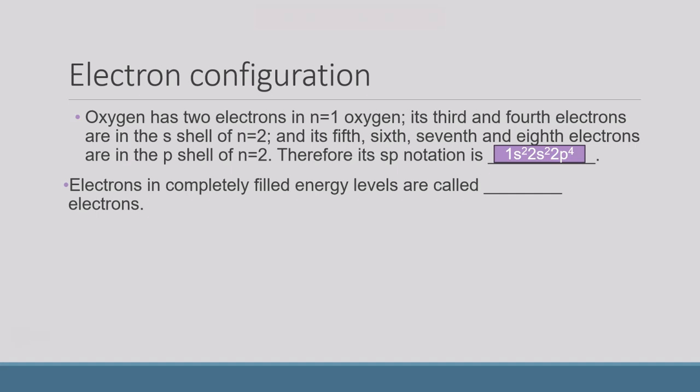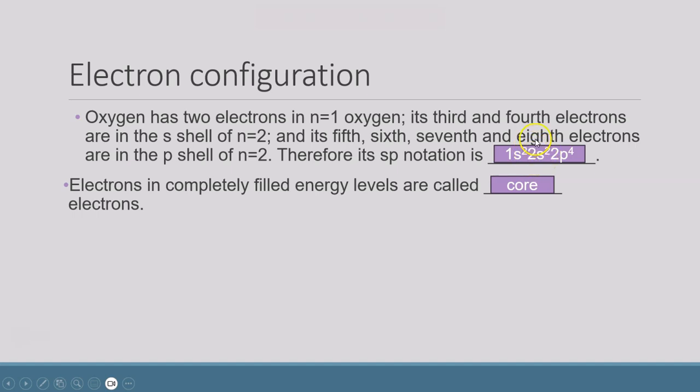Electrons that are in completely filled energy levels are called core electrons. Now, in the case of oxygen, what is a completely filled energy level? Only the first energy level is completely full. The second energy level is not completely full.